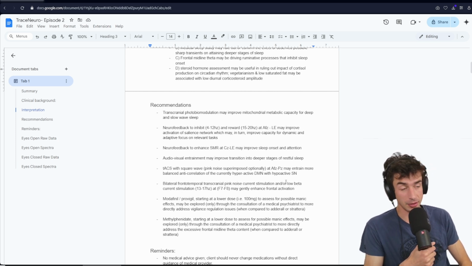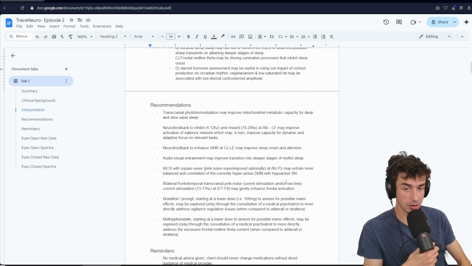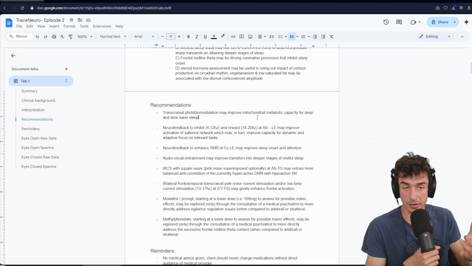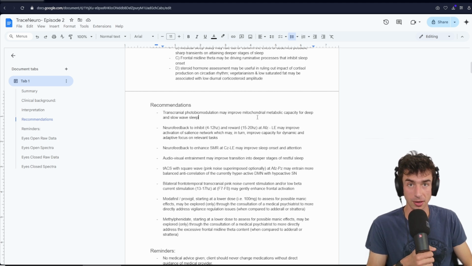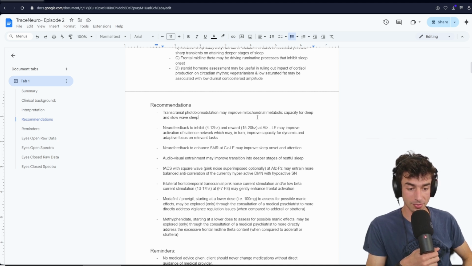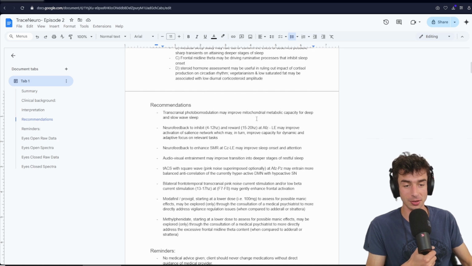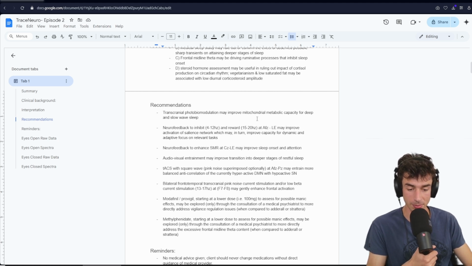So I think red light therapy, transcranial photobiomodulation could be really helpful if there's an issue in going into those deeper stages of sleep, right? It takes the brain actually a lot of energy to do that. When you look at the large slow wave activity, it takes a lot of electricity, i.e., mitochondrial output, in order to create that deep sleep.